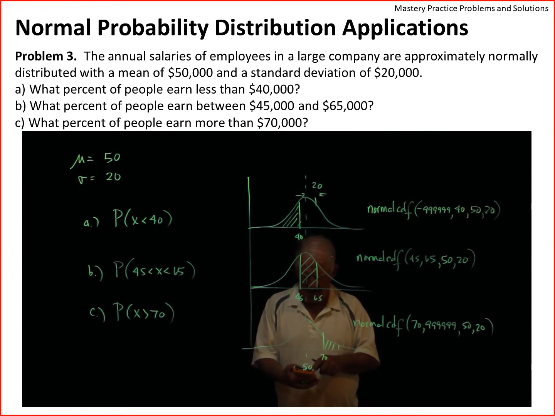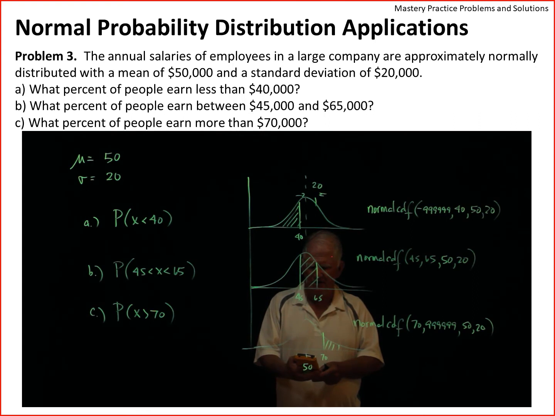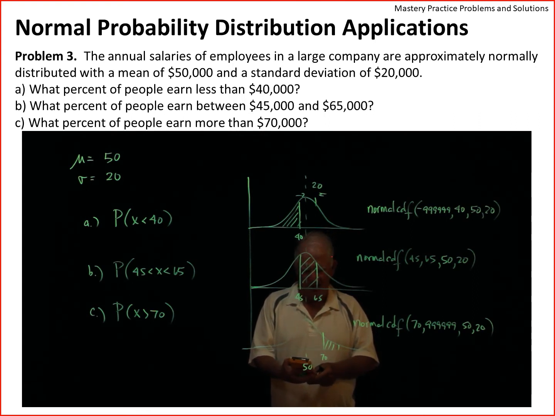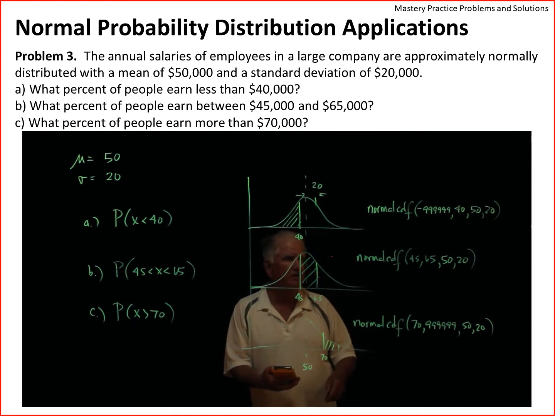Normal CDF. Oops, starting to go crazy. Normal CDF. This one, upper 40, mu 50, sigma 20. That should work. And this time it works.